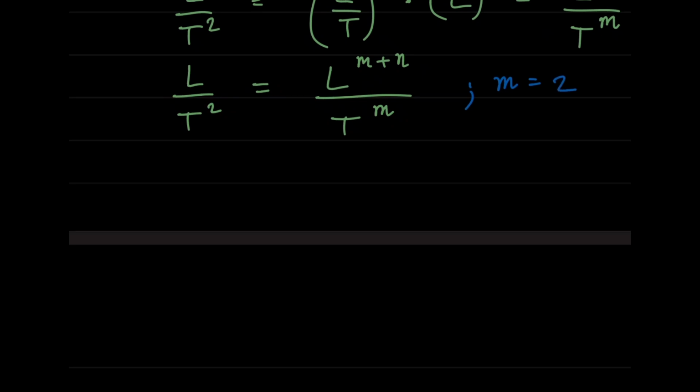And looking at the exponents of L, we see that 1 equals m plus n. And we know from the previous answer that m equals 2. So we get that n equals 1 minus 2 equals minus 1.